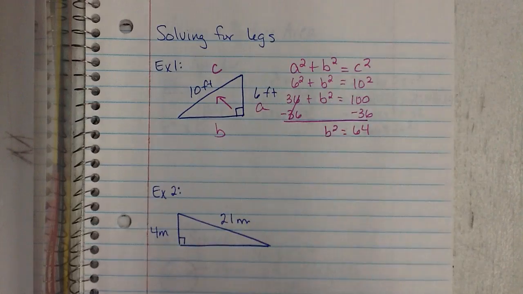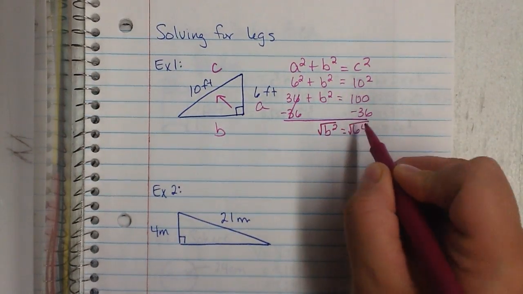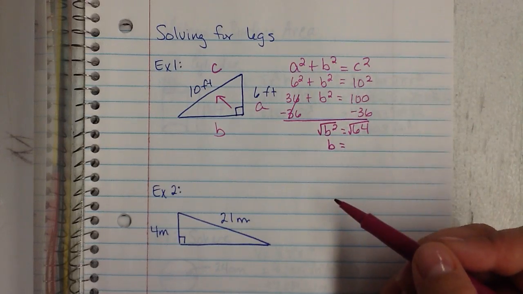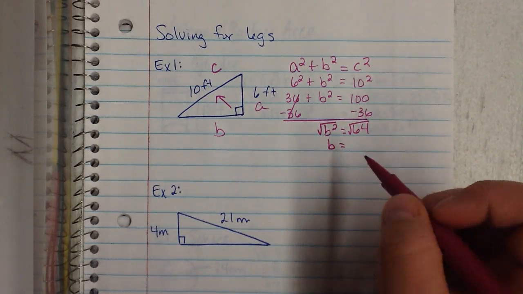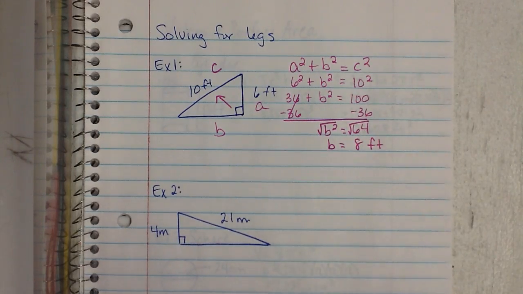Okay, and then we have not solved for b, so we have to do that. So we would square root both sides, so b equals, and then you're just finding what number times itself is 64, and in this case we know that 8 times 8 is 64, so b would equal 8 feet.